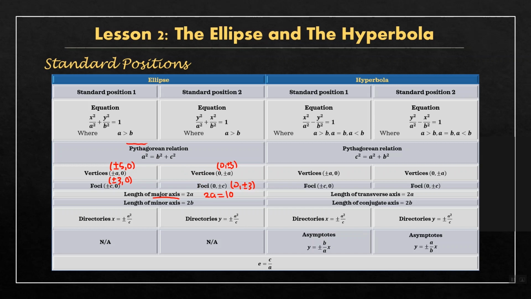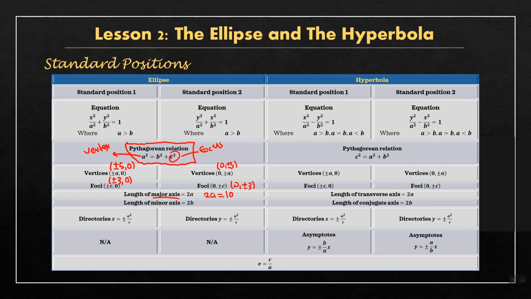There is this line now which is important, which tells us the relationship between a, b, and c. Now a is the vertex, c is the value at the focus, and b is the point which is on the other axis. So how do we calculate b from a and c?